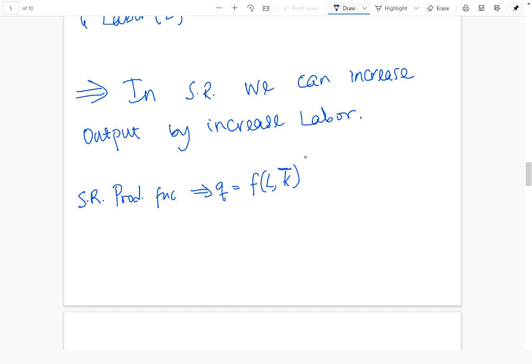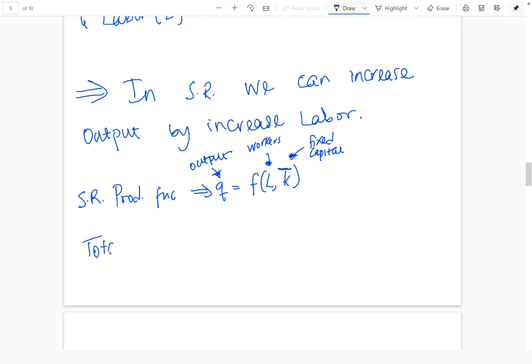Either way, we're just saying that K is fixed at a certain number. So we have workers or labor, this is fixed capital, and here we have output.